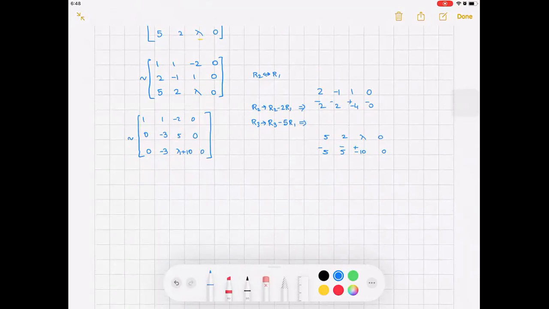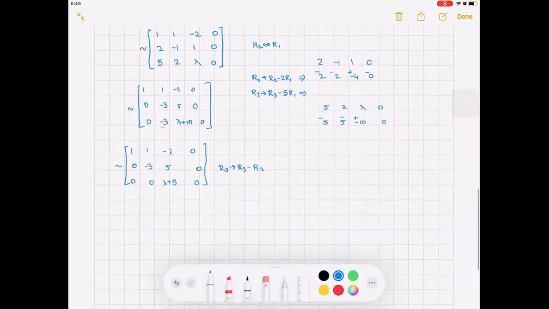So the next goal is to have 0 here, 1 1 minus 2 0 0 minus 3 5 0 0 0 lambda plus 5 0. Row 3 tends to row 3 minus row 2.